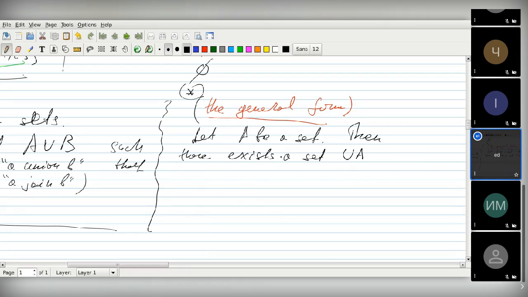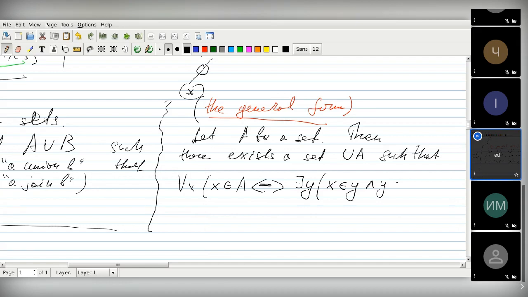There exists a set union A such that for every X, X is an element of union A if and only if there is some Y such that X is an element of Y and Y is an element of A.